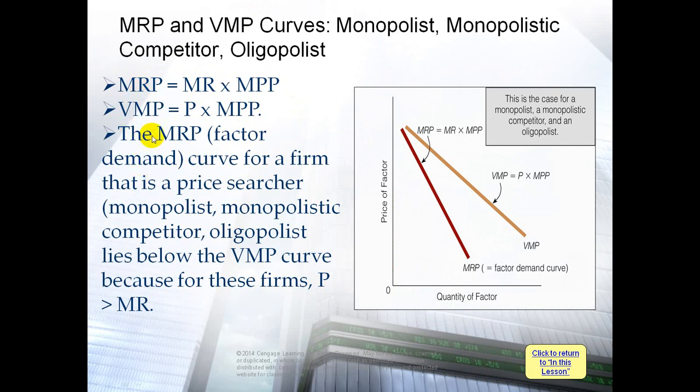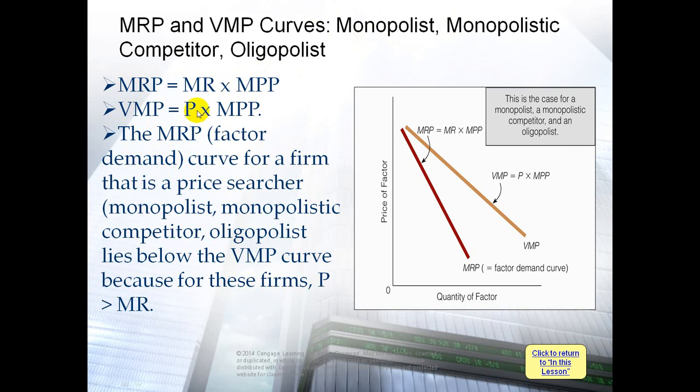So the VMP is greater than the MRP. Why? Because this business is working in a monopoly market or monopolistic competition market or oligopoly market.